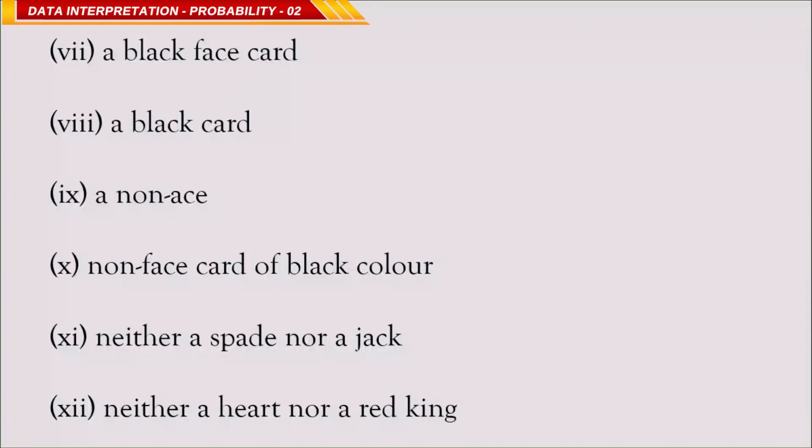A black face card. Just now we discussed there are how many face cards? There are 12 face cards. Among 12 face cards, 6 face cards are black and 6 are red face cards.